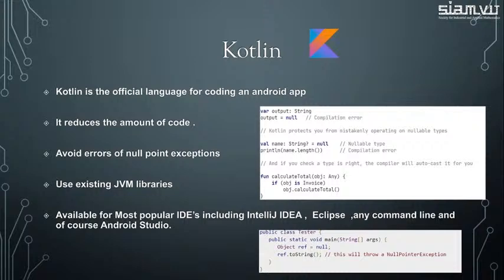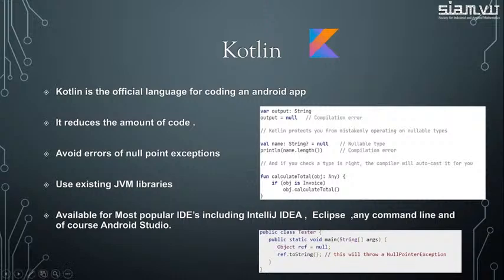If you can do pretty much everything that Java can do, but also better, it obviously makes Kotlin a better programming language compared to Java, and this is why Kotlin was also chosen as the official language, because it is not only able to do almost everything that Java can do, it can also do it better. So this is why Kotlin is chosen as the official language for coding, right?